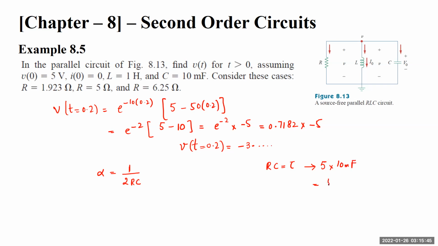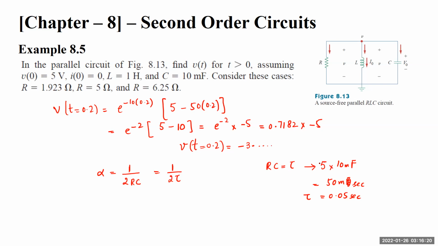So the time was 50 milliseconds, and 50 milliseconds is 50 into 10 to the power minus 3. So this is about 0.05 seconds, multiplied by 2.1.